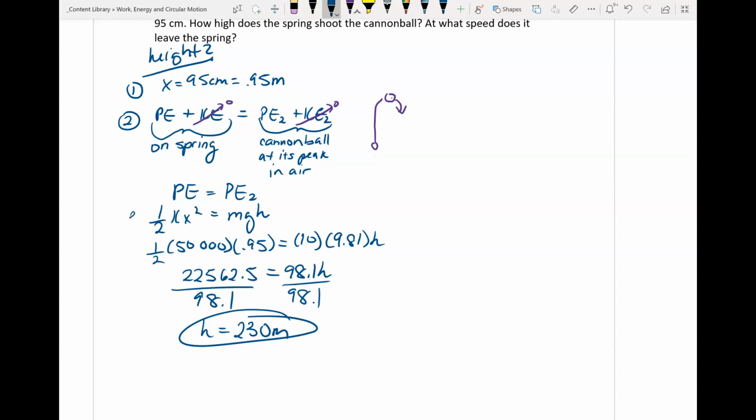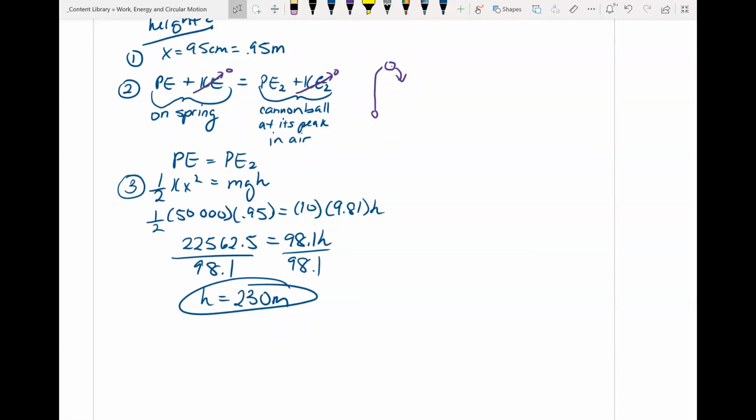Then I changed our potential energy to the specific formula depending on which scenario we're looking at: our potential energy on the spring and our potential energy when the cannonball is in the air. Then I plugged the information in and solved for our height.